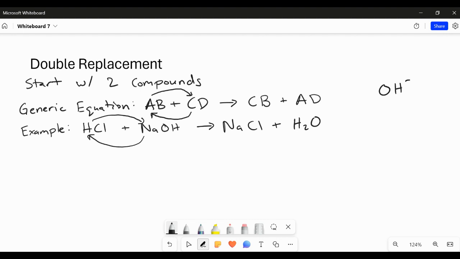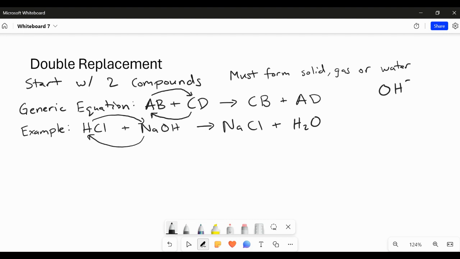Now, there's a couple key facets to double replacement reactions which make them easy to observe. They have to start with two compounds. That's the easiest one to see. The compounds have to switch places. And another thing is they must form either a solid, a gas, or water.